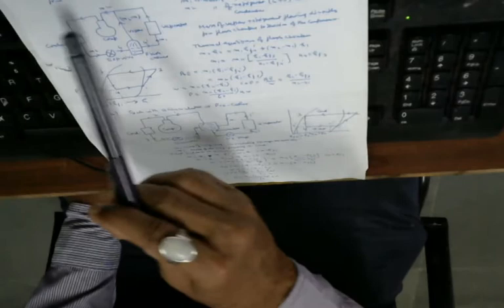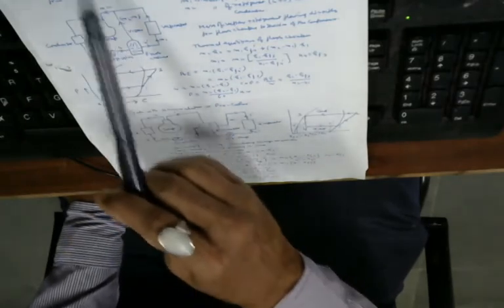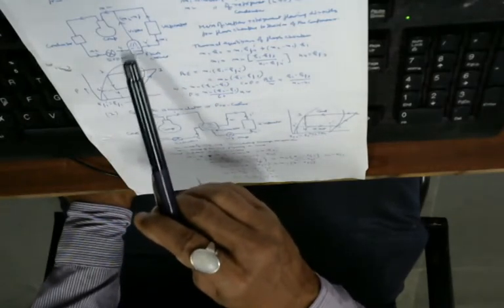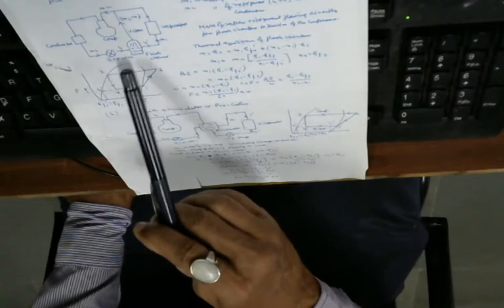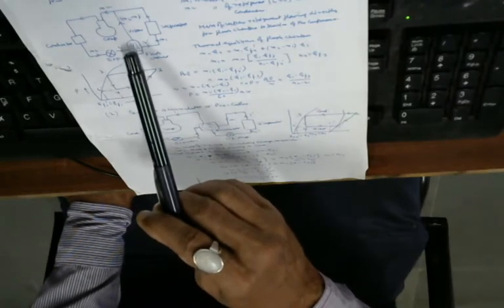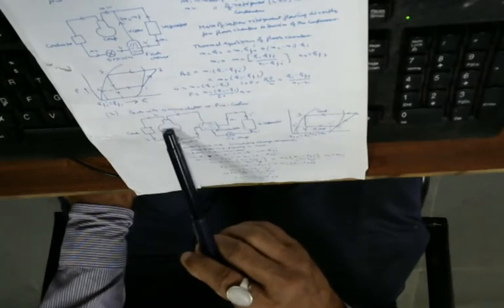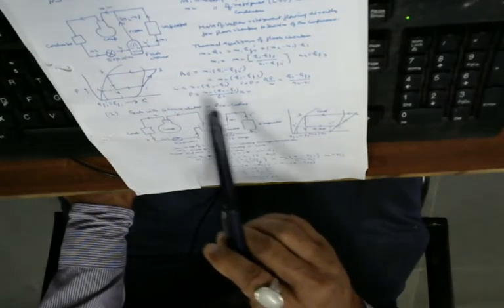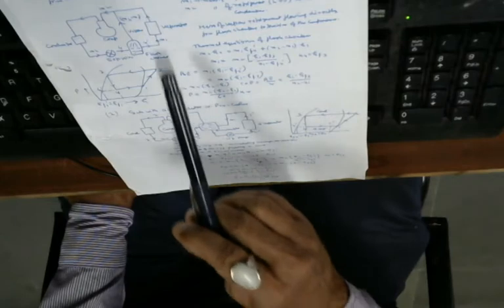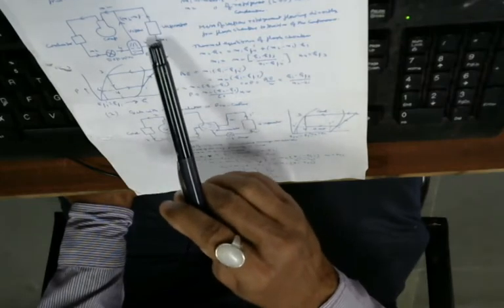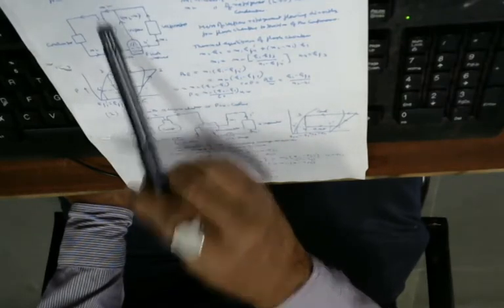So 2 parts have been introduced to you. The first one was using the flash chamber, how to increase the COP. In fact, only gas should be allowed to come into the compressor. But in the normal vapor compression cycle, we are directly connecting the evaporator to the compressor.